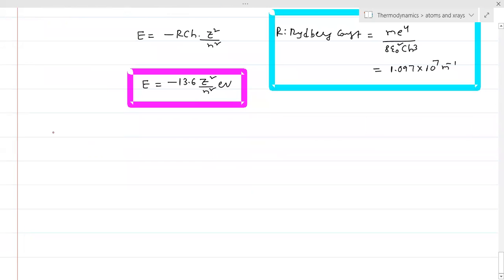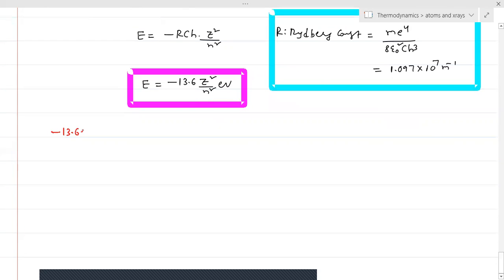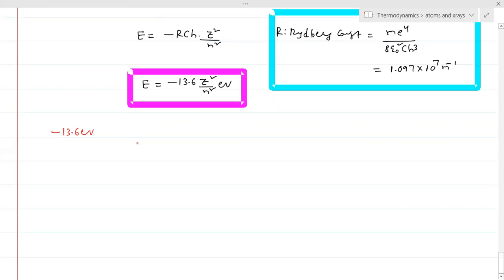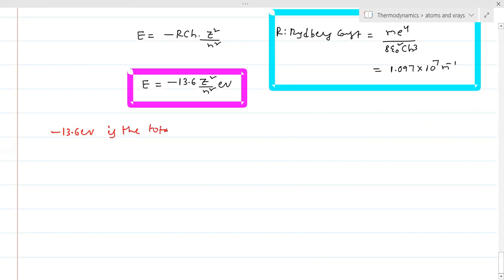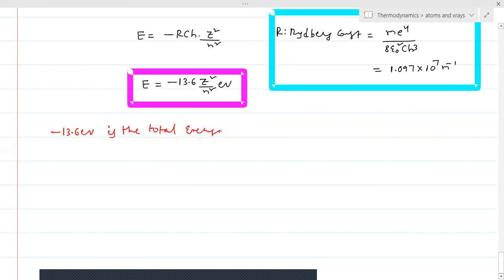Here, minus 13.6 electron volts is the total energy of the electron in the ground state of the hydrogen atom.